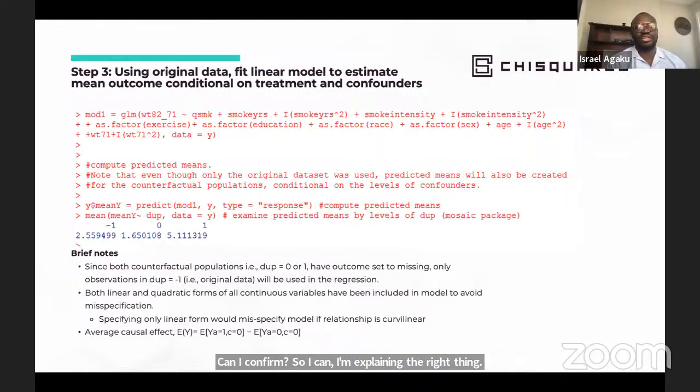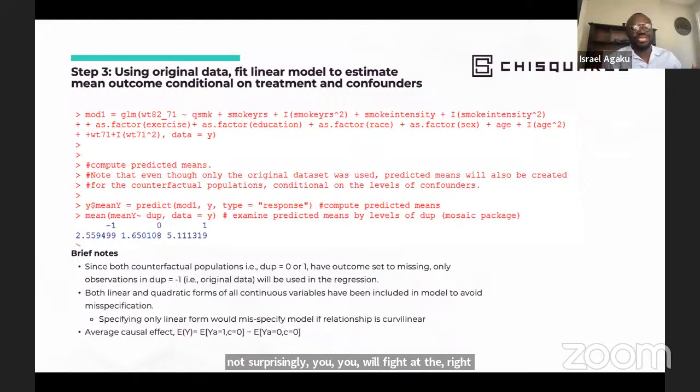So in this model, right, we are adjusting for smoking years, how long you've smoked, smoking intensity, whether you exercise or not, your level of education, your race, your sex, your age. Age is continuous. That's why we have both a linear and a quadratic form in it, because we want to avoid model misspecification. And we're also adjusting for baseline weight. If you were fat at baseline, not surprisingly, you would be fat at follow-up, right?